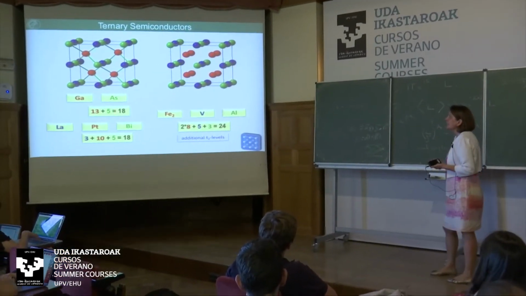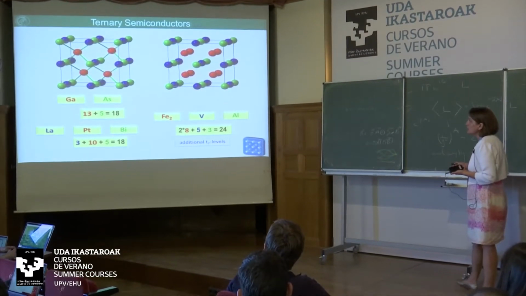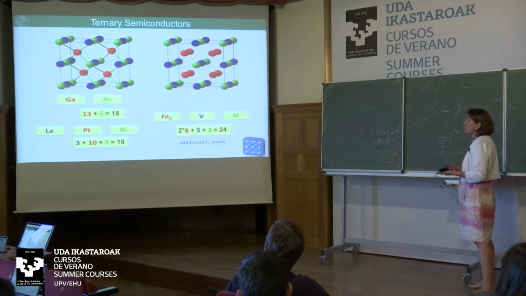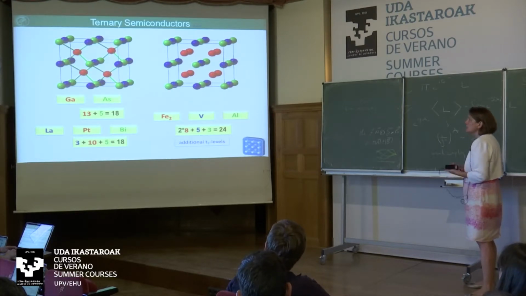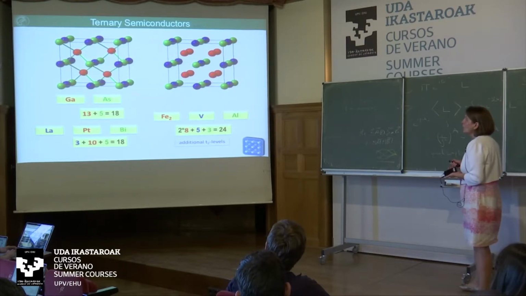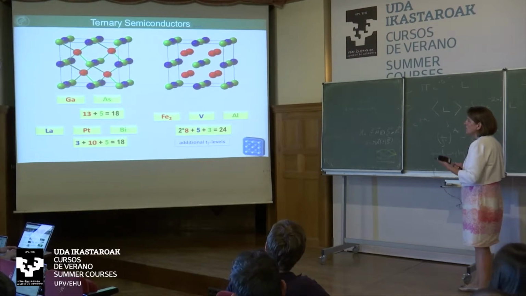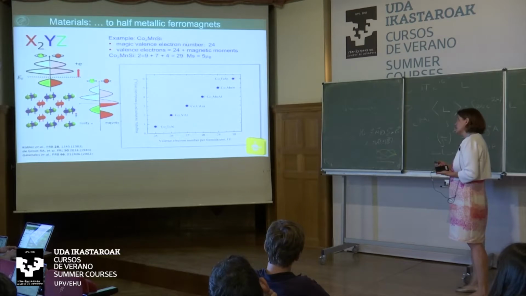Similar to the electron counting you did for half Heuslers, you can do the same for the full Heuslers, and you have semiconductors for 8, 18, and 24 electrons. So you can make an iron vanadium aluminum compound which is non-magnetic. This is related to the 4 atoms in the unit cell, so you have 8, 18, and 24 valence electron non-magnetic semiconductors.